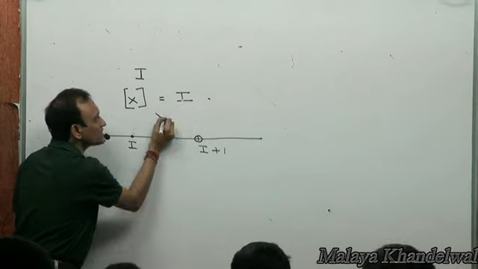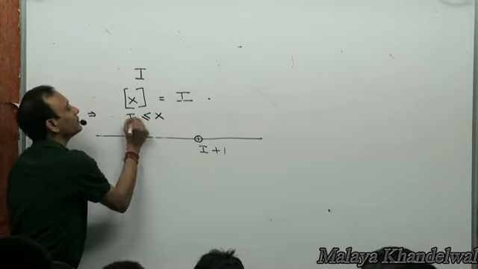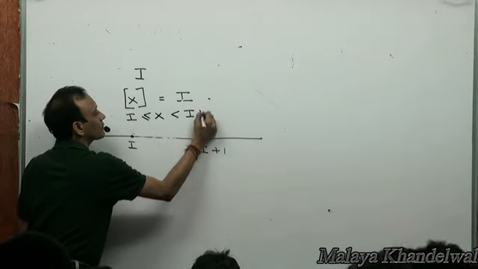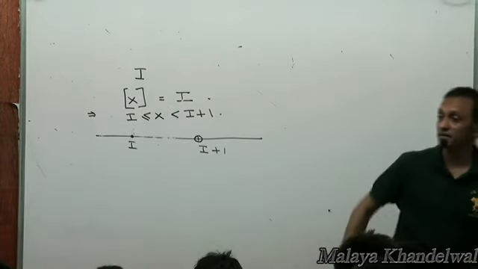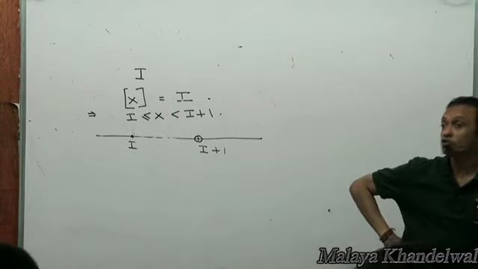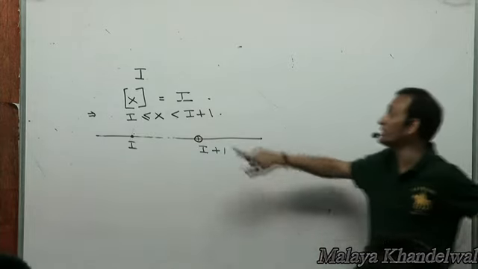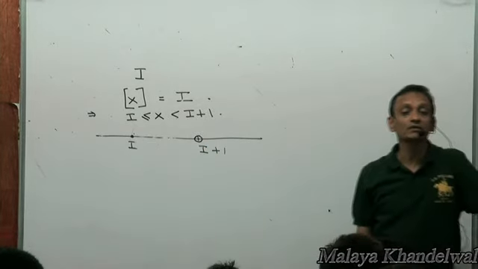So box of x equal to I would mean x must be greater than or equal to I but less than I plus 1. Yes or no?